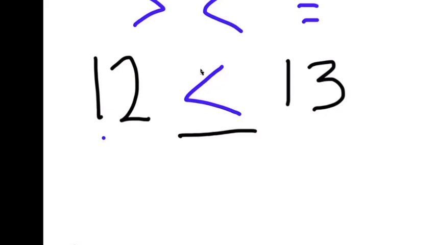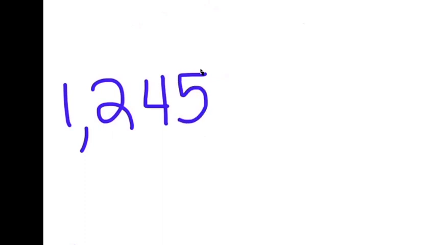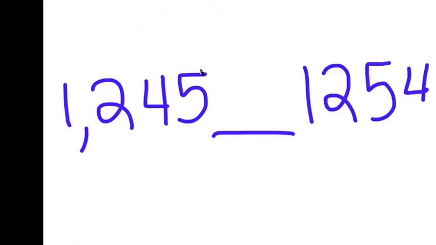Okay, we started to do this with much bigger numbers this year, right? We would have had maybe something like 1,245. Is this greater than, less than, or equal to 1,254, right? And this is where it got a little bit more difficult for us, where we had to see which number is actually bigger. So we would start from our greatest place value.